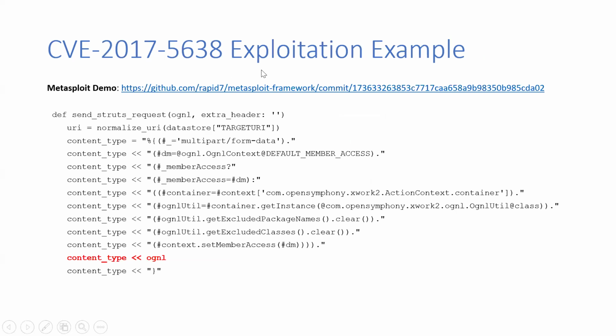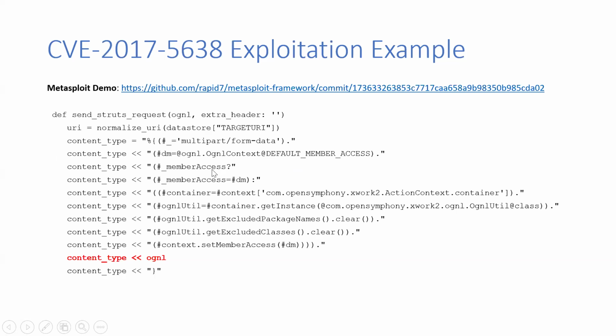Here is a demo of how the exploitation could be done. This is a GitHub link of Metasploit. And here they are describing how a Struts request can be sent through a method by manipulating the content type. Here we can see that the member access is being checked. If the member access exists, then it is set to default member access.